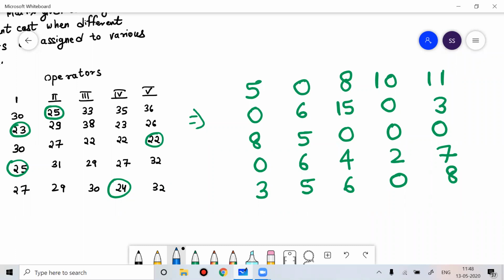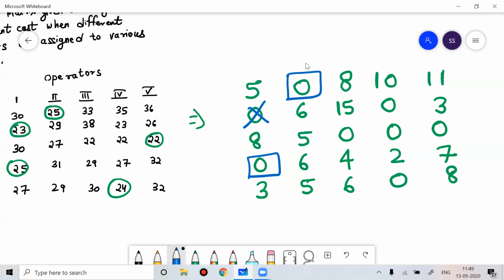Here, the first row has only one 0, so you can allocate to that. The second row has two 0s, don't touch it. The third row has two 0s, don't touch it. The fourth row has one 0, so do the allocation. Cancel this.